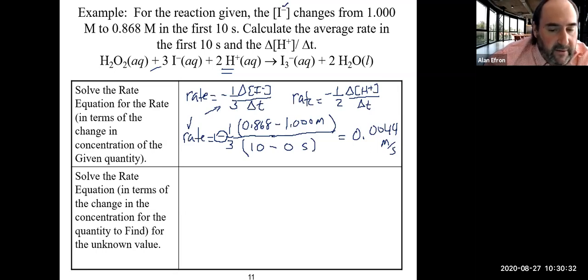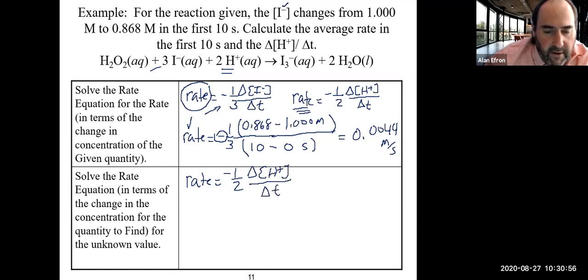And now that we figured out the rate, which is this number, we also know that it is this number here that relates to H plus over the change in concentration. So if we take the rate expression for our H plus, minus 1 over 2 change in concentration of H plus over the change in time.